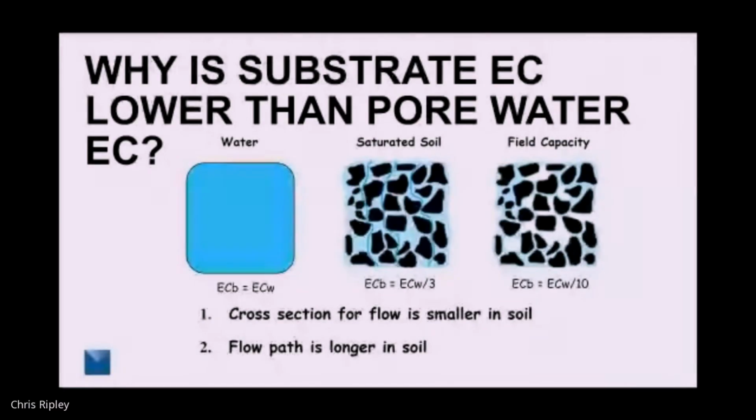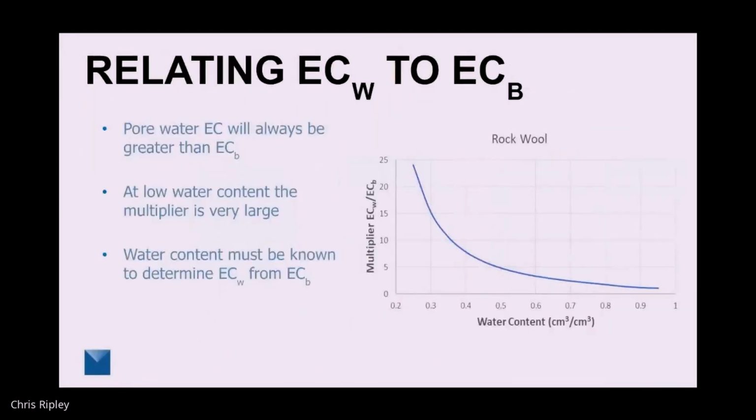So that's really critical to know the difference between the two, and also to know that in Arroyo, we're measuring pore water EC and writing that to the cultivar's cultivation record. This is how the pore water EC is related to the bulk EC.